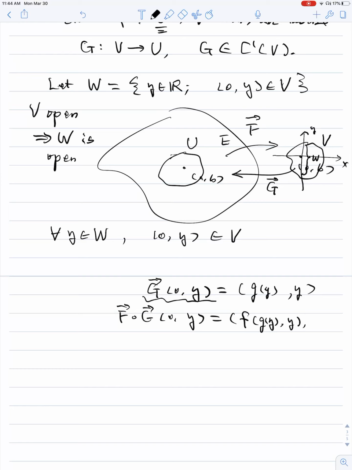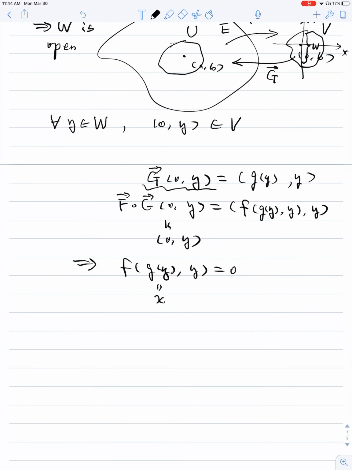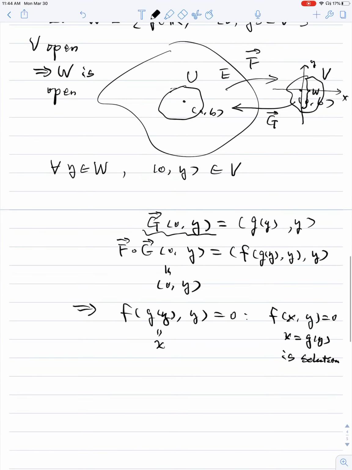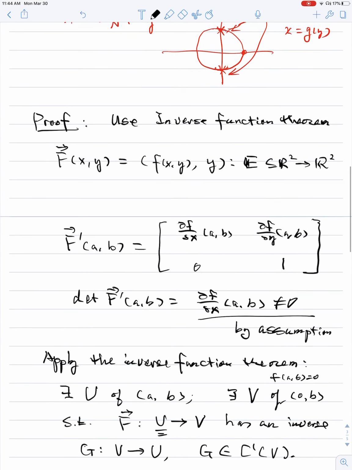We know this equals y, but this also equals (0, y). So that would mean that f(g(y), y) equals 0. So that means that x equals g(y) is indeed a solution to this equation. So x equals g(y) is a solution. That proves the existence part of the theorem.